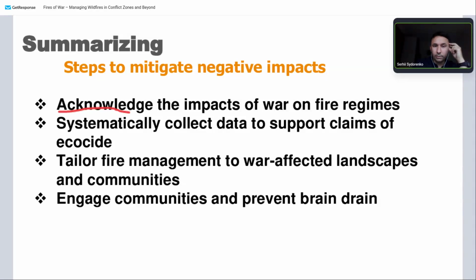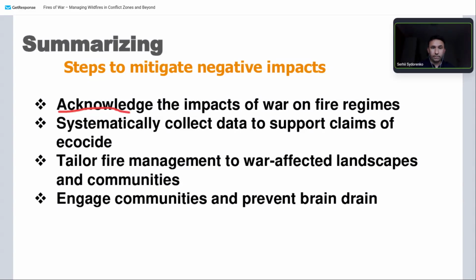Actually, the impacts of war on fire regimes, as I found, are simply missed in the most important fire governance documents. I mean the integrated fire management voluntary guidelines prepared by FAO, as well as the landscape fire governance framework. It's also absent there.